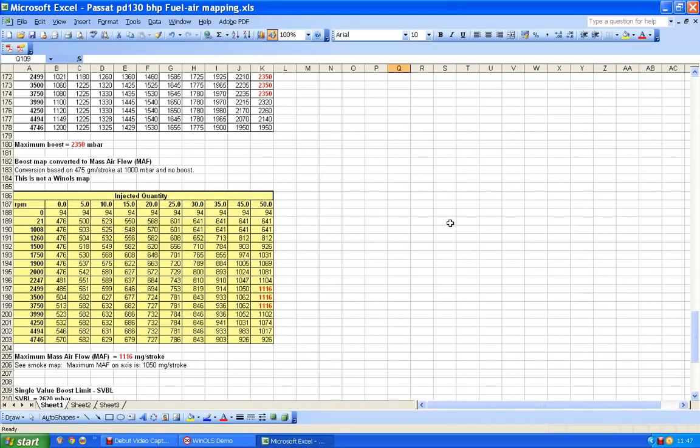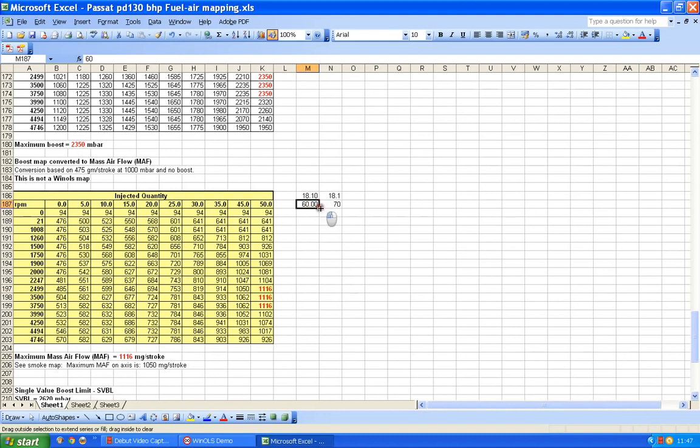Having got that, I'm just for the moment going to put 18.1 there, and I'm going to say to myself, well, what if I want to inject 60? And again at 18.1, what if I want to inject 70 milligrams? So what if I want to inject those?